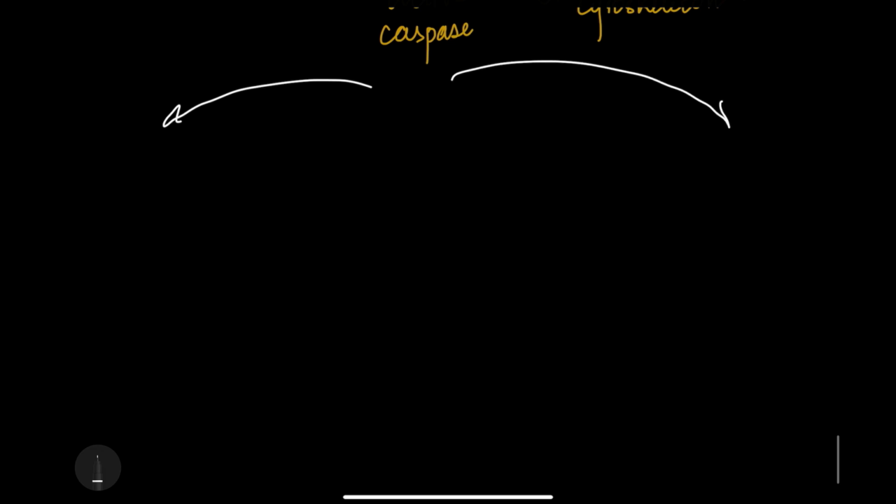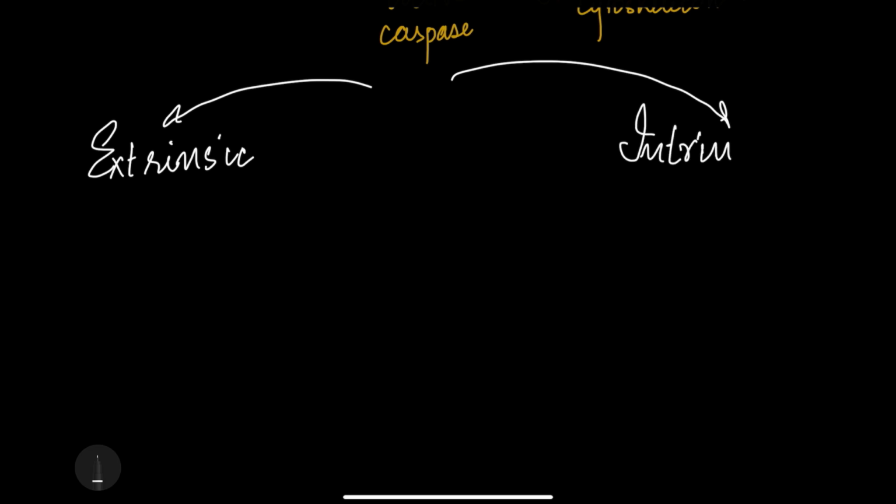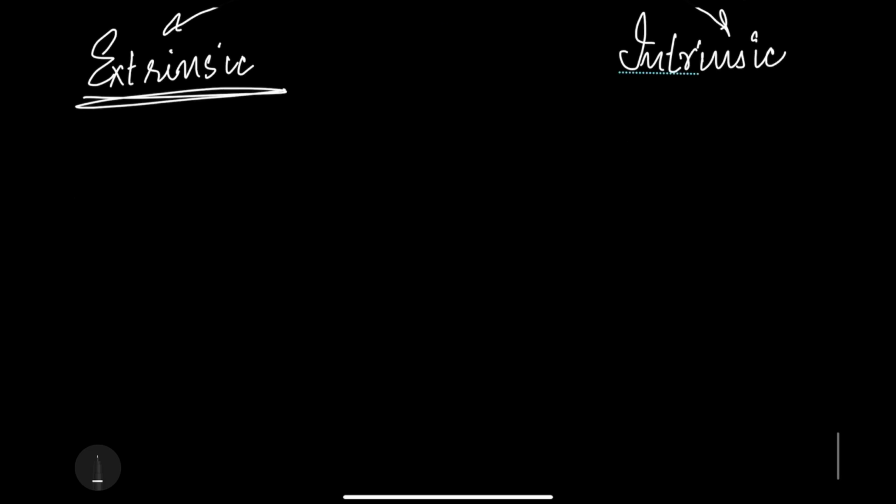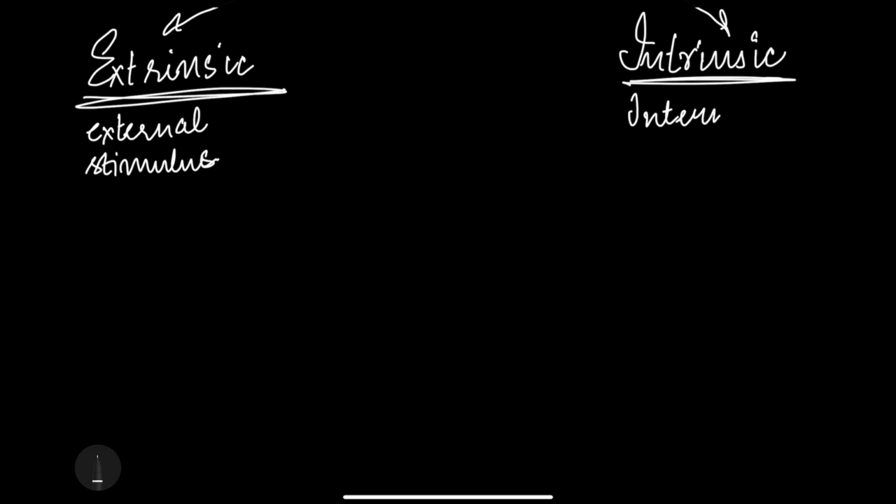Now let's move on further. There are two pathways of apoptosis. One is the extrinsic one, then we have the intrinsic one, right? Extrinsic, as the name suggests, means an external stimulus might have led to the process of apoptosis, and intrinsic means an internal signal might have led to this process, right?